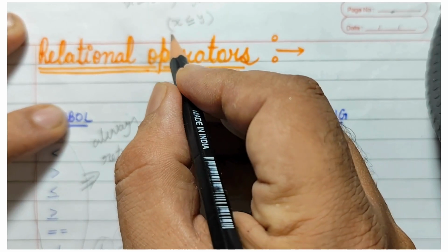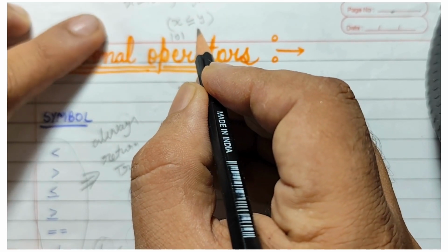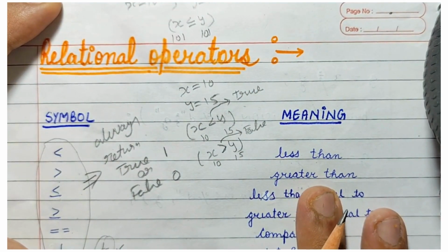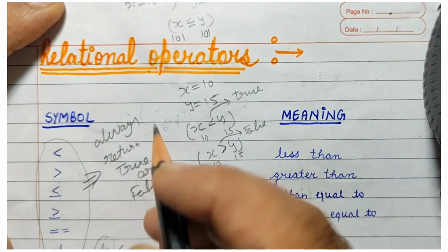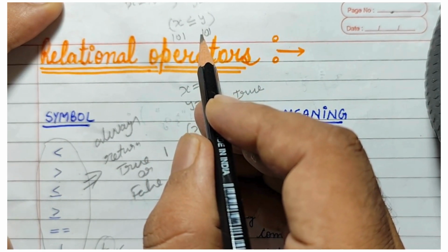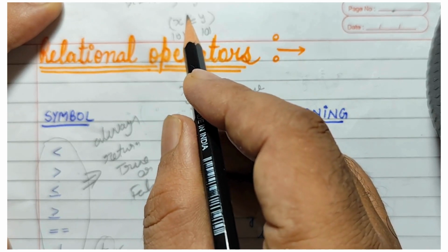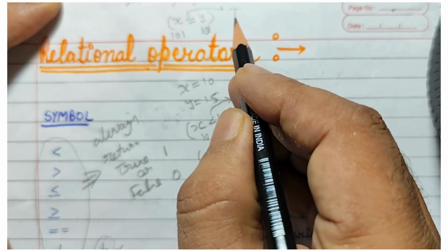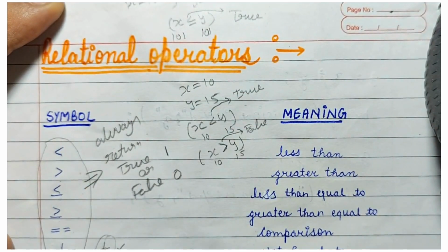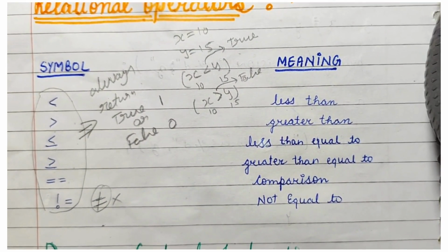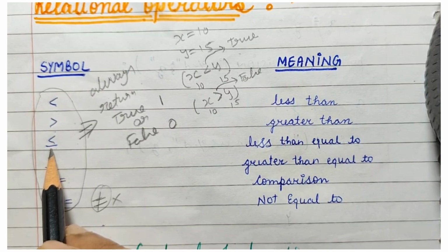Now 101 is less than 101? No. But 101 is equal to 101? Yes. So it returns true. In this case, it returns true. I hope everyone is clear about the third symbol, that is less than equal to.